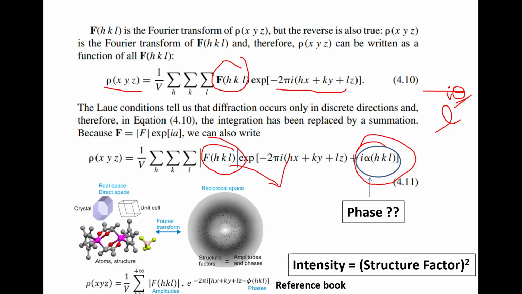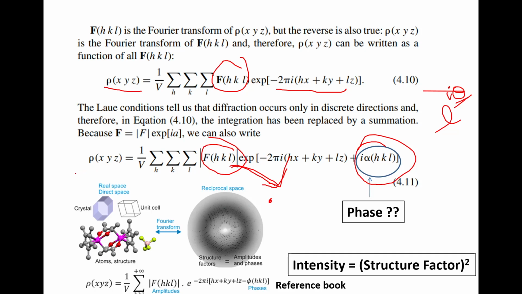This value you are getting from the structure factor, and the structure factor will be directly proportional to the intensity. So if you take the structure factor squared, you will get the intensity of the spots.